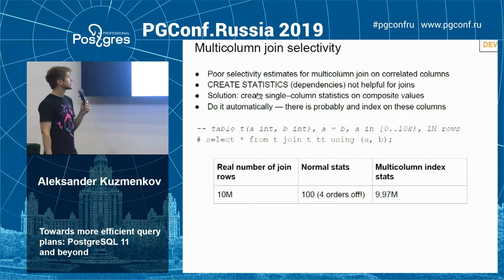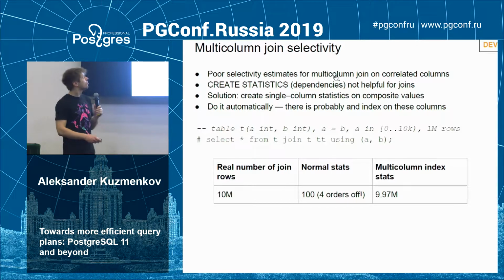But for joins, this stats is not enough, and that is why the development is on the go for real multi-column statistics, and it's an easier, simpler solution for it.